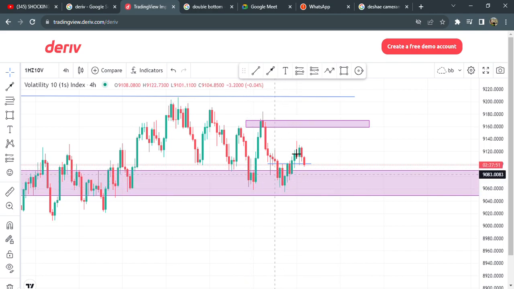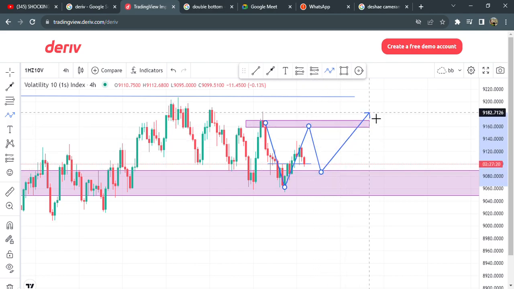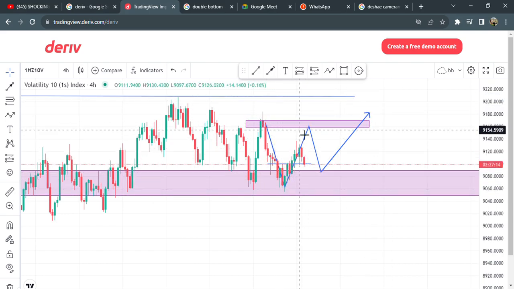So basically, what happens? Because the market went up, after this candle closes, you obviously expect the market to go down, test our demand zone, then go back again to our supply zone, and it can also try again to retest our area and then continue to go up or go down, test again, retest a little bit here, then go up.